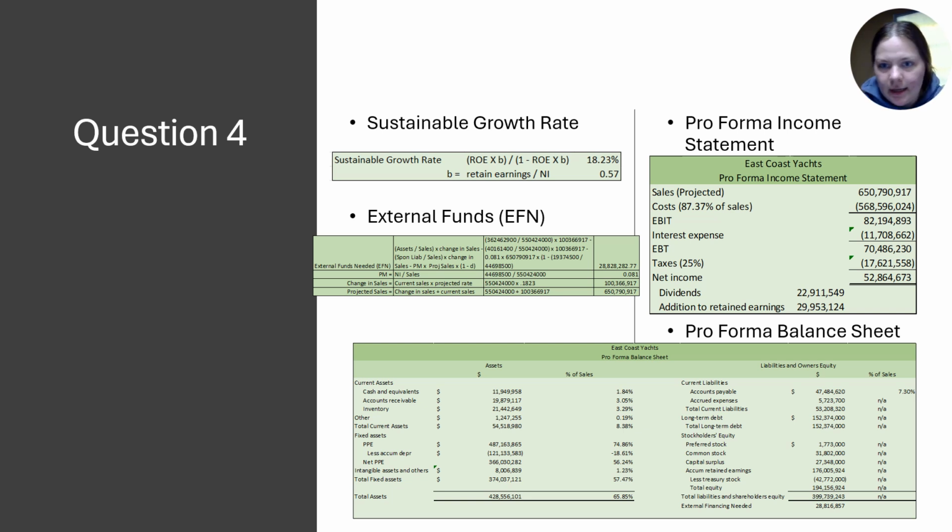And that gave me an EFN of 28,816,000 and 85,700, which is different than the EFN I calculated previously, because there are things that are only assumed in that formula.